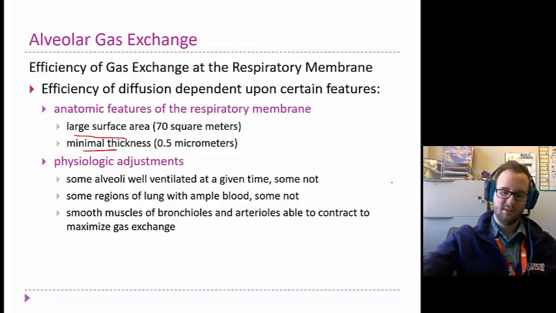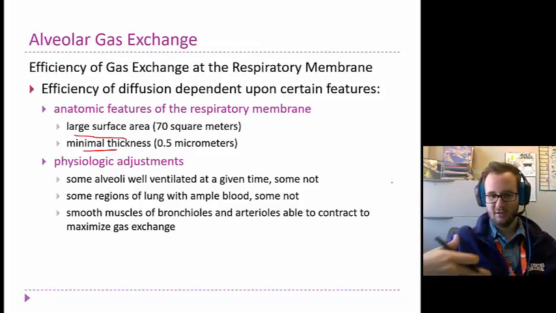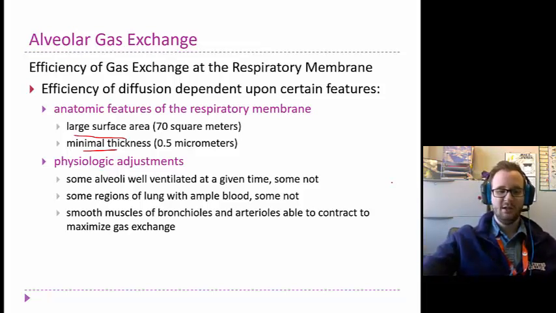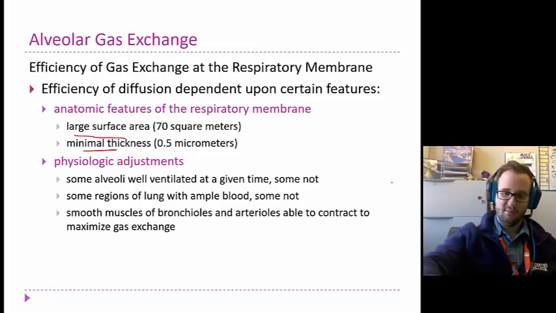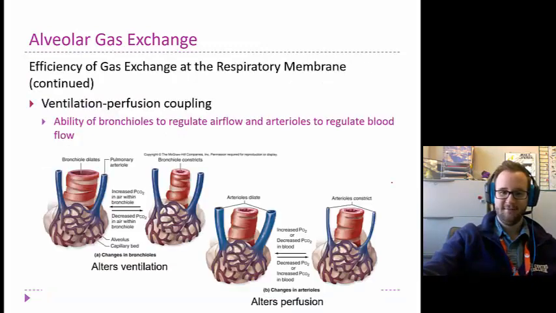You can also control your blood supply here, and so if you send more blood to your lungs, then the PO2 levels in your lungs will drop, because more gas is moving into your bloodstream. And so you balance these two things to make sure that PO2 and PCO2 levels stay stable in your body and in your lungs.